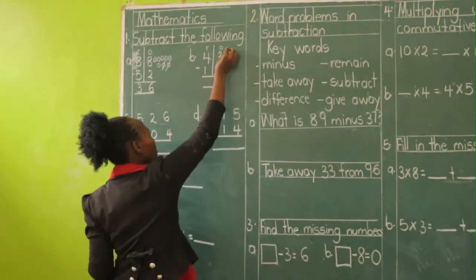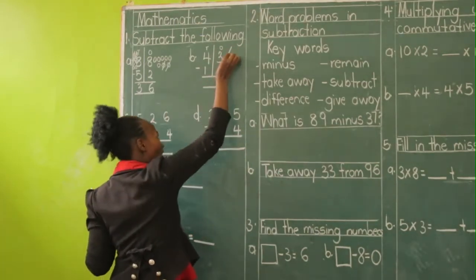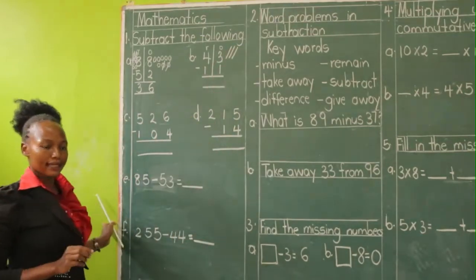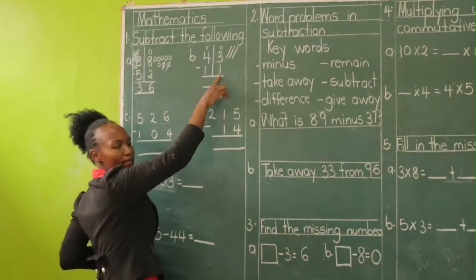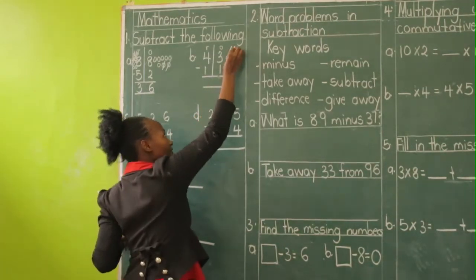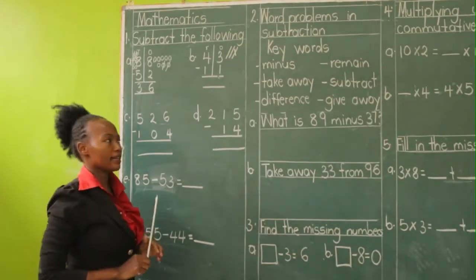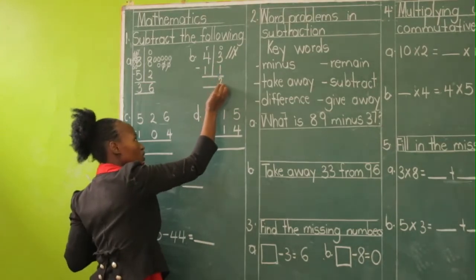I draw my 3. This time around, let me use the sticks, the straws: 1, 2, 3. I draw my 3 sticks. I cross out, I take away 1. Then I count the remainders: 1, 2. Our answer is going to be 2.